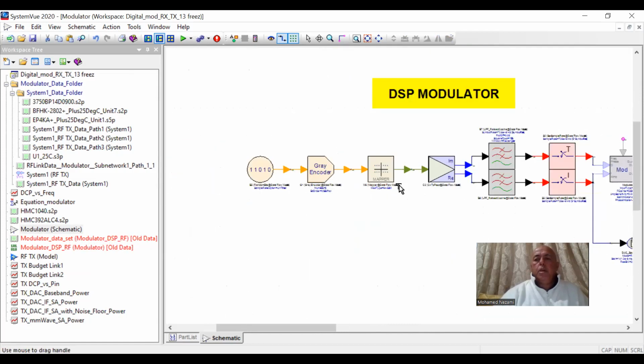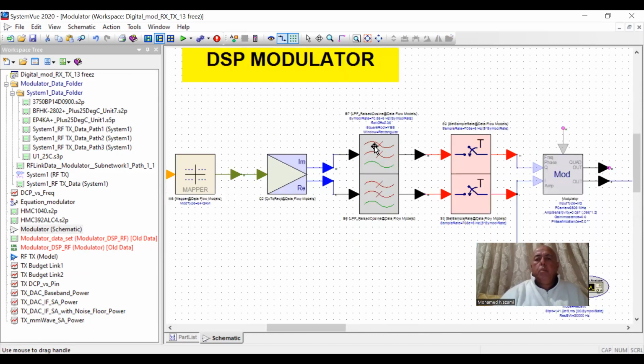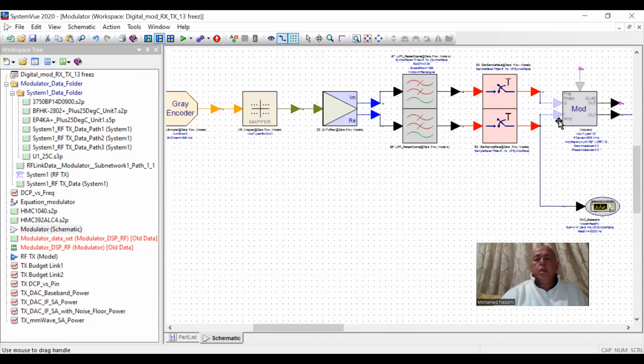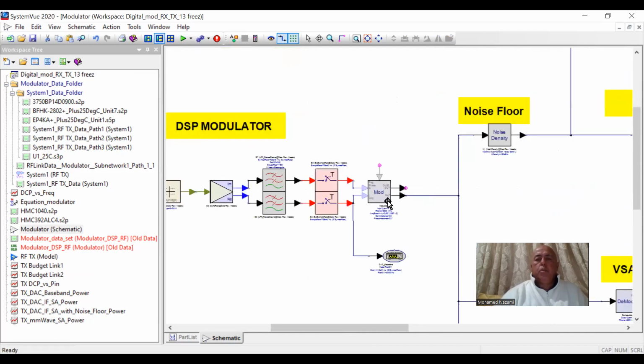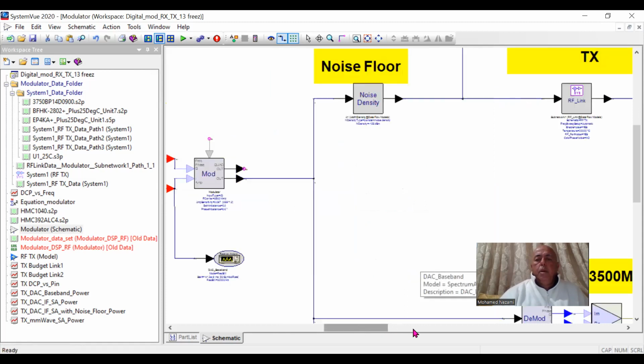Then we take the real and imaginary parts and shape them with two FIR filters to do raised cosine so that we can shape the spectrum. Then we oversample them and go through the modulator in here. At the same time, we observe the signal at the baseband.